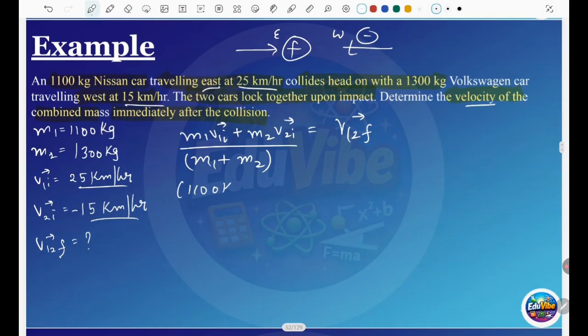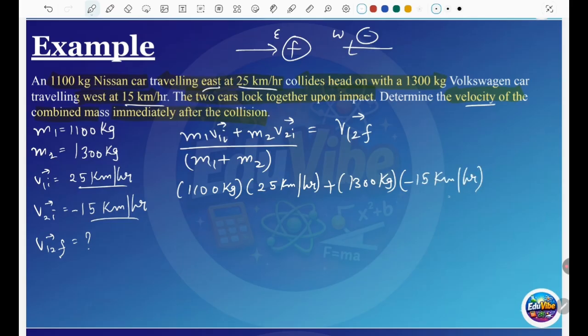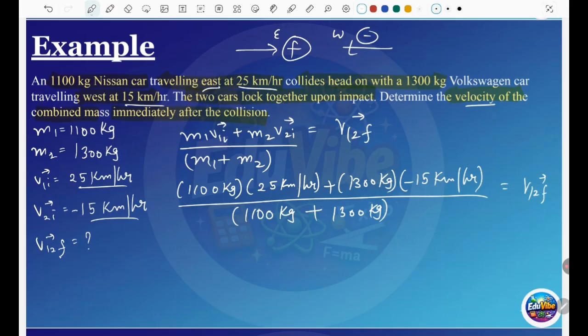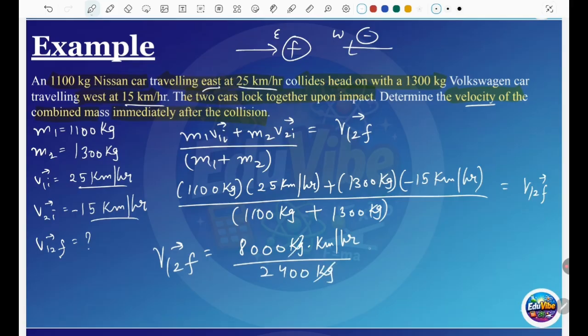So mass 1 is 1100 kg, V1i is 25 kilometers per hour, plus mass 2 of 1300 kg, and V2i is negative 15 kilometers per hour, divided by 1100 kg plus 1300 kg, the addition of both masses. That gives 8000 kg times kilometers per hour upon 2400 kg, cancel, and we get a combined velocity of 3.3 kilometers per hour.